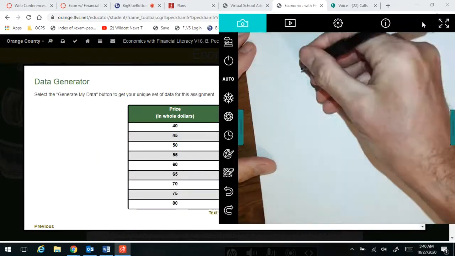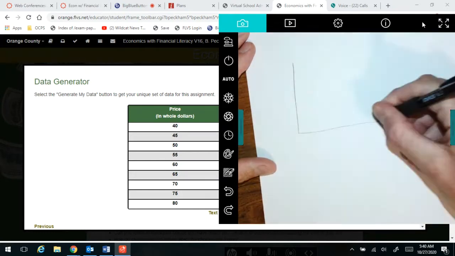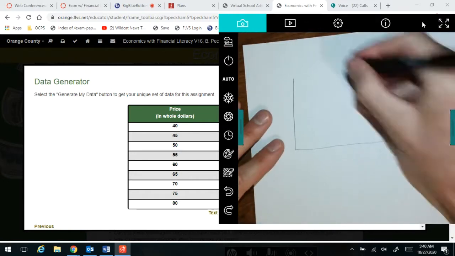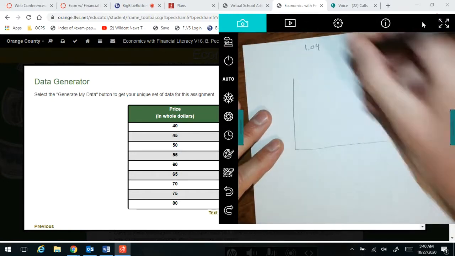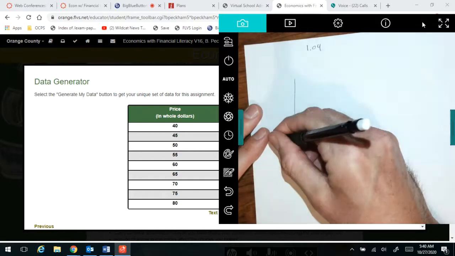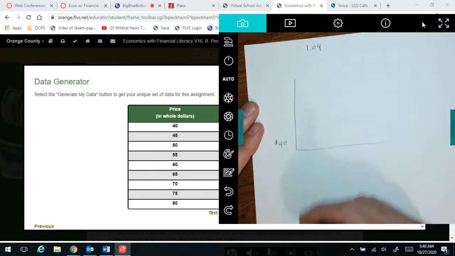So on our sheet of paper, we got a graph section here, and this is for 1.04 demand. All right, so we have prices anywhere going from $40 to $80. So we got $40 down at the bottom, and then we got $80 up at the top.